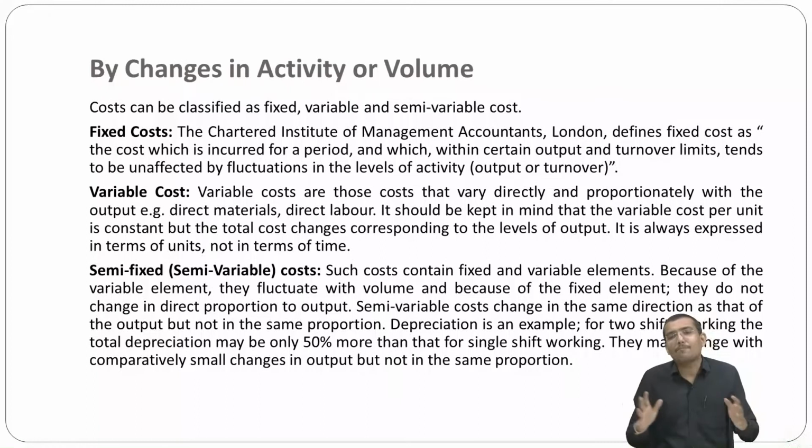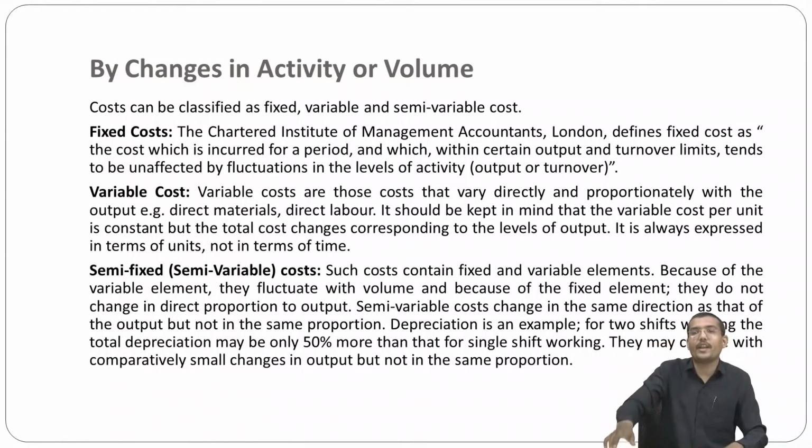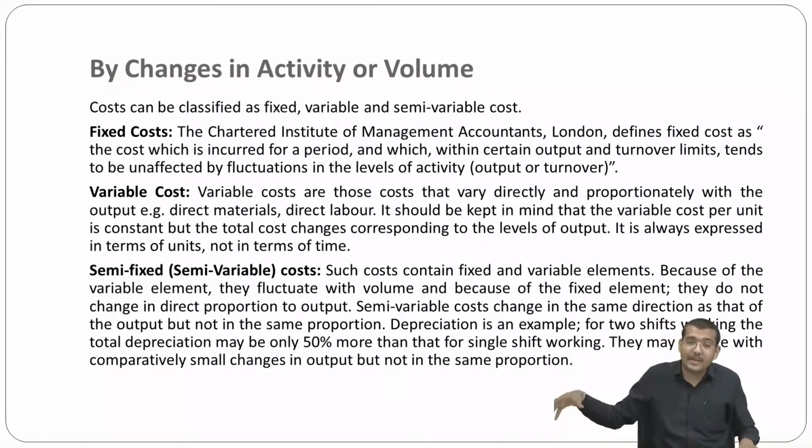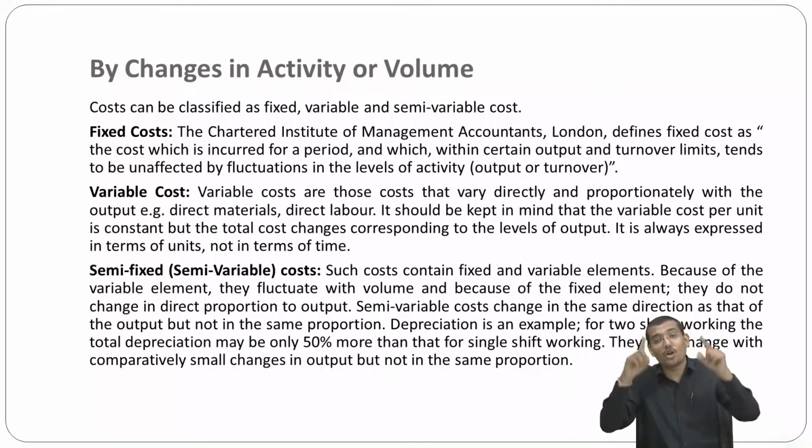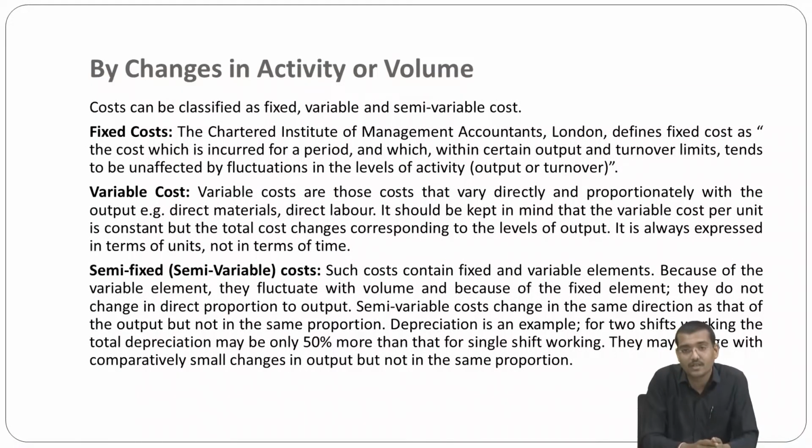It should be kept in mind that the variable cost per unit is constant, but the total cost changes corresponding to the level of output. At that point of time, my dear friends, the variable cost may be changed effectively. And it is always expressed in terms of the unit, not in terms of time, my dear friends.